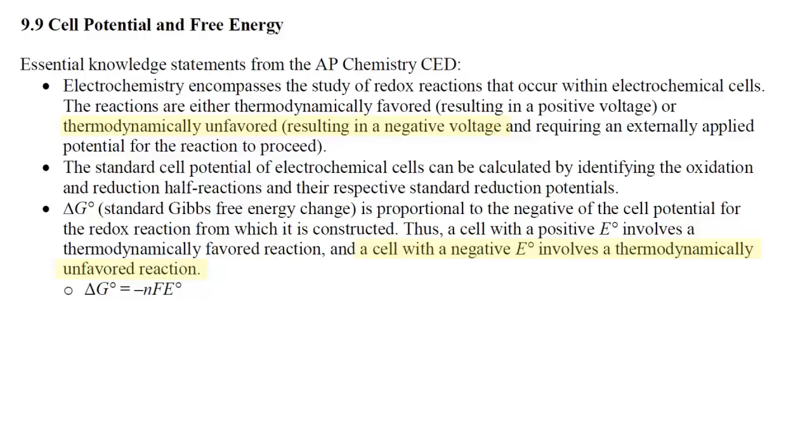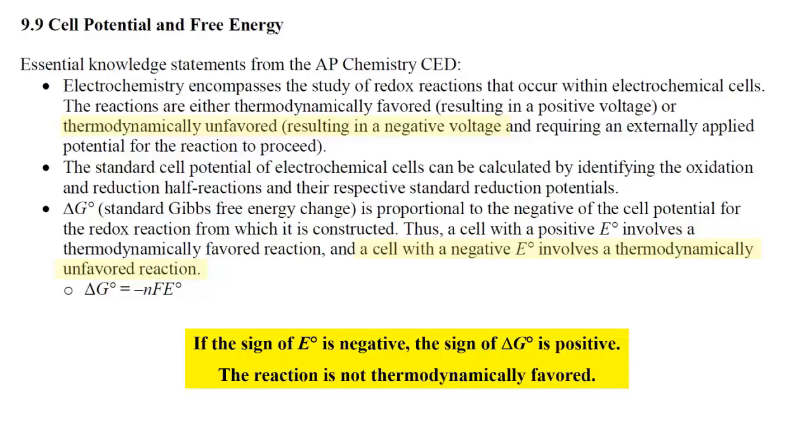But here in question 7, this reaction must be thermodynamically unfavored because it has a negative sign for the cell potential. So to summarize, if the sign of the cell potential is negative, then the sign of the delta G for the reaction would be positive, and this would represent a reaction that is not thermodynamically favored.